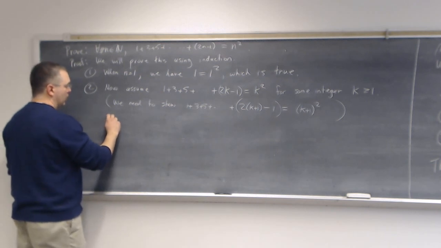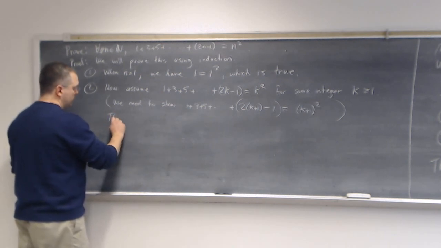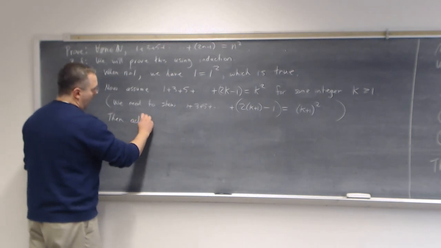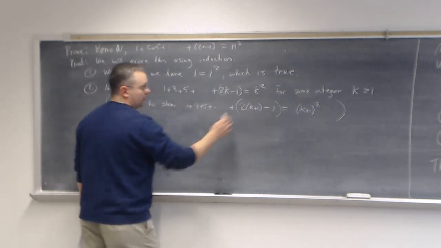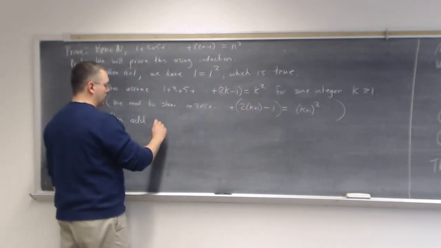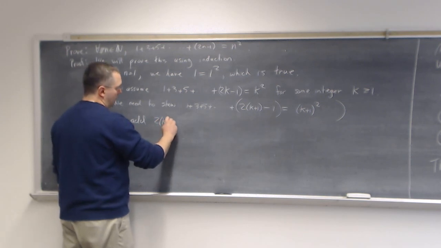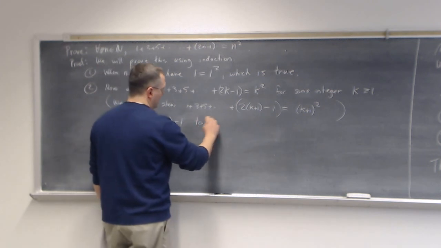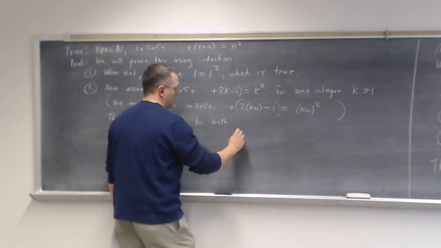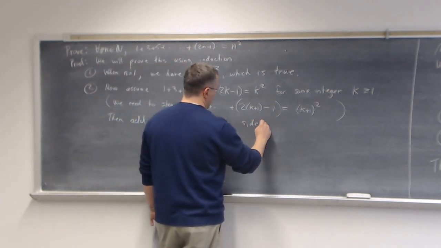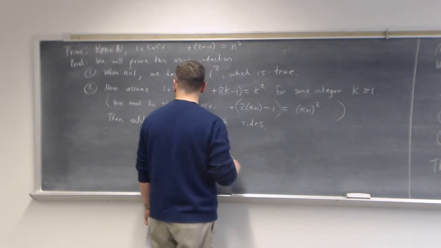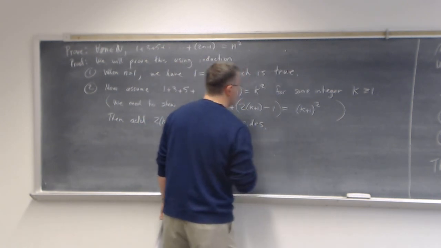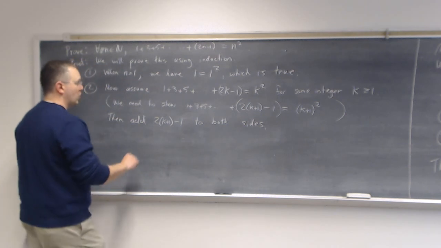Okay? So what I'm going to do, I'm going to add the next odd integer. So I'm going to add 2 times k plus 1 minus 1 to both sides. So what do I have?